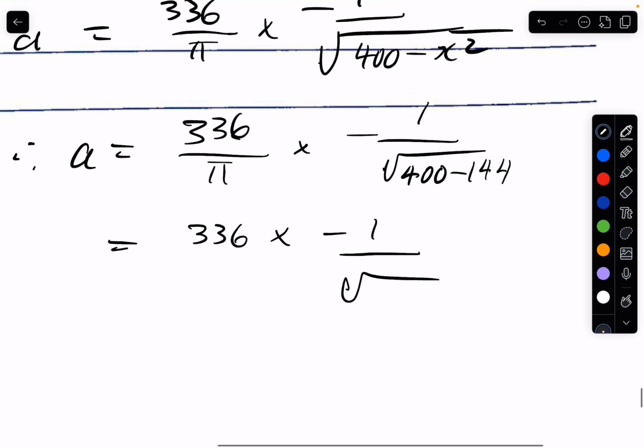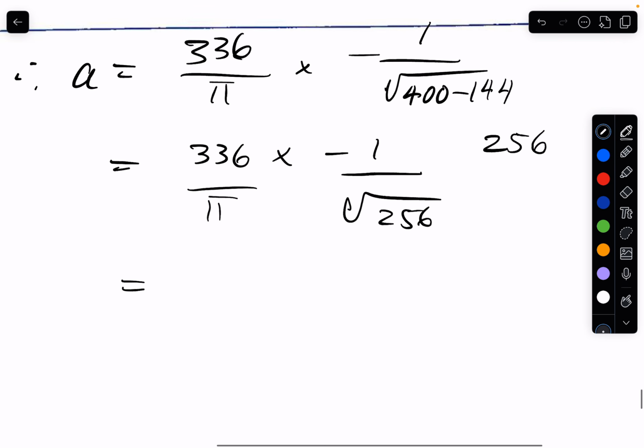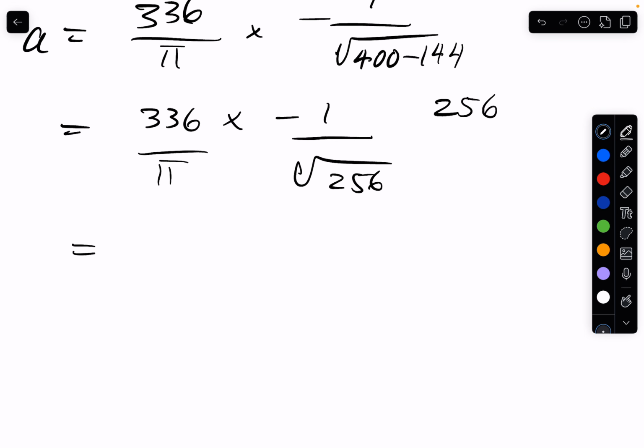Now that's 256, which is, what's the square root of 256? Is it 16?